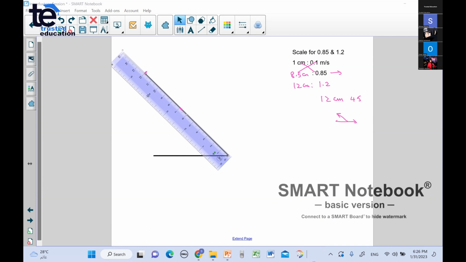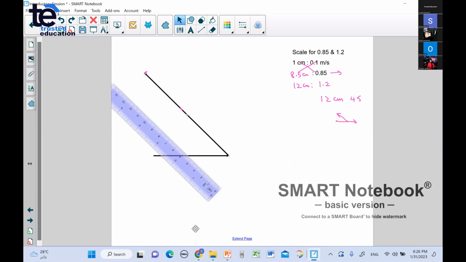And now everything is clear if you just stick to the rules. Here I have drawn the first vector. The second vector also is drawn. So I have two vectors here, connected tip to tail. I will take away my ruler now and draw the resultant vector.